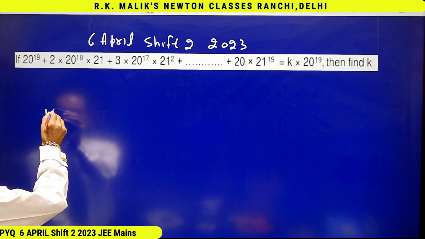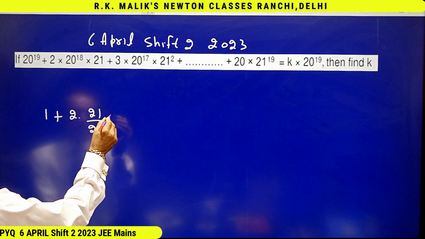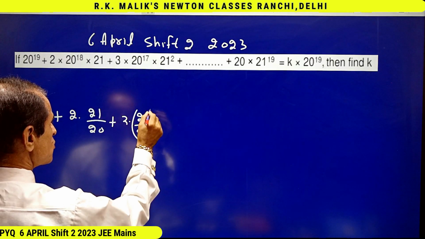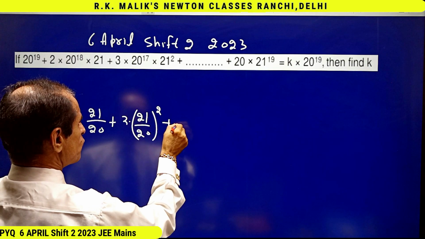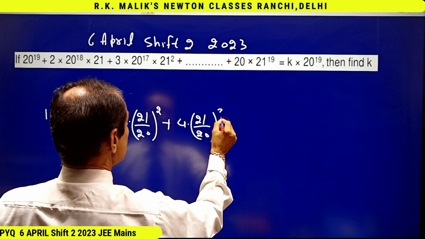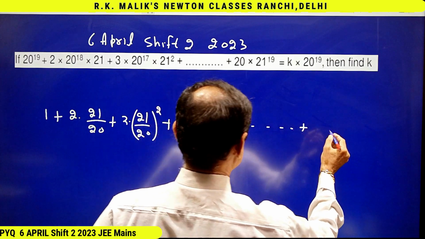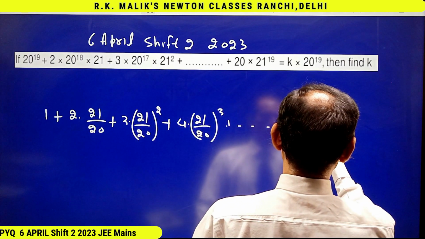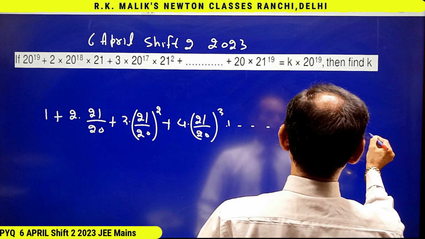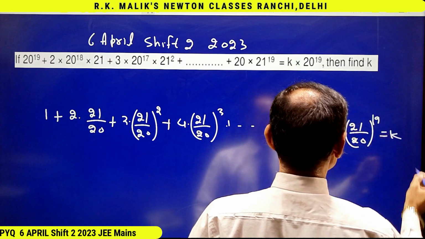I will get 1 + 2·(21/20) + 3·(21/20)² + 4·(21/20)³ and so on up to 20·(21/20)^19 is equal to k.